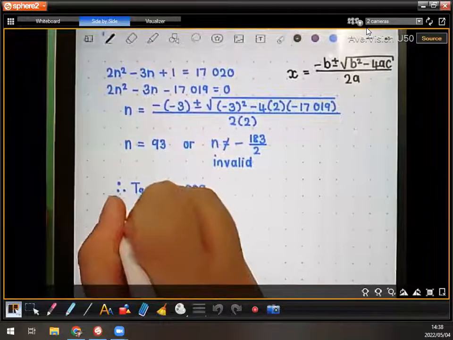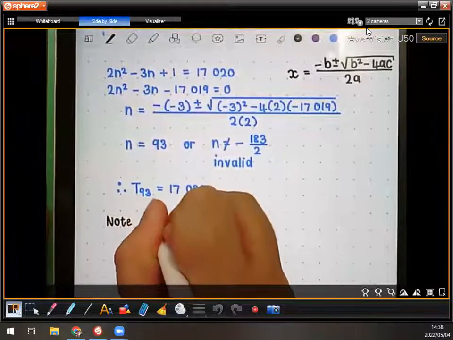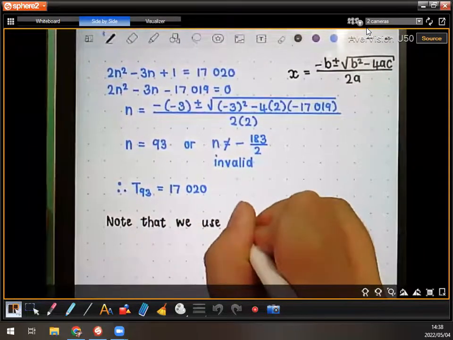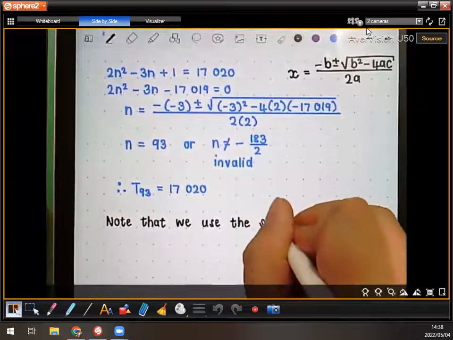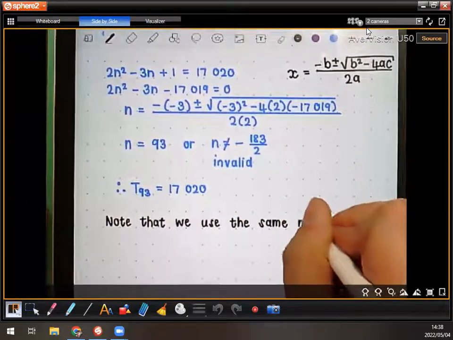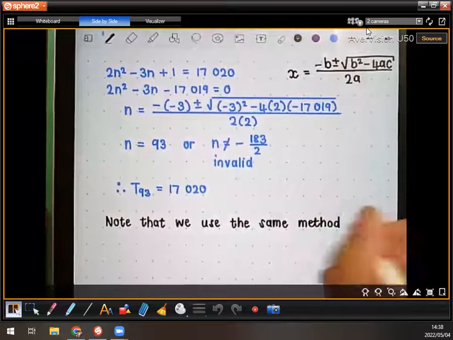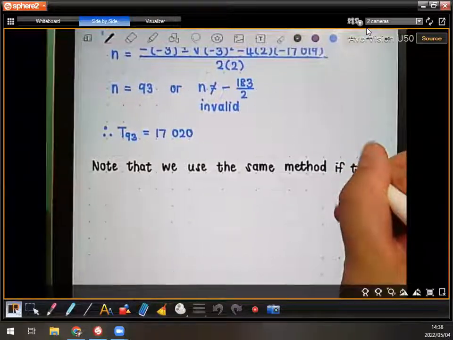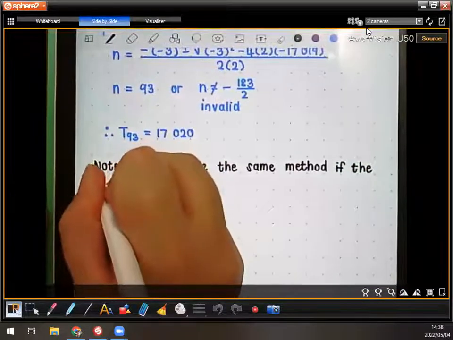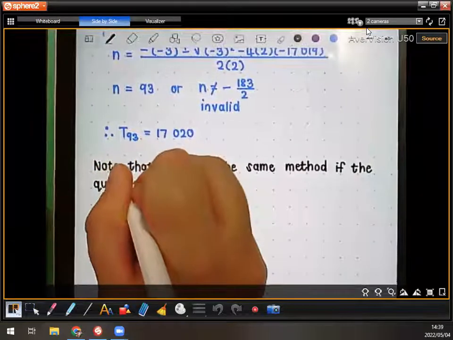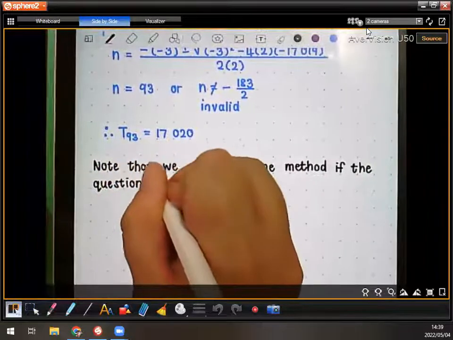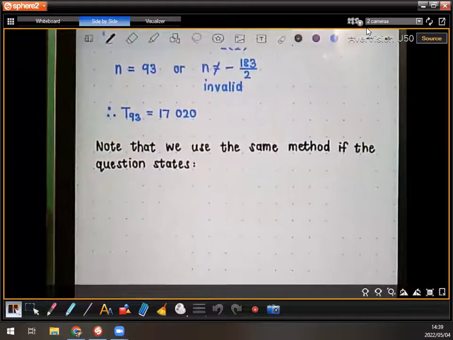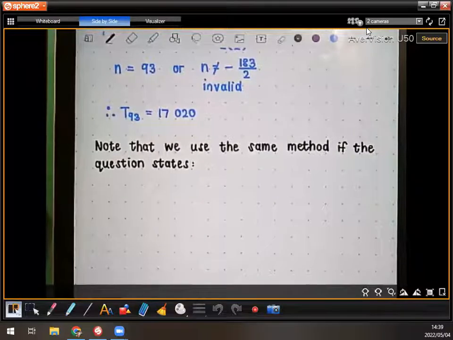Note that we use the same method if the question states, because this is actually how the question is written in the exercise.